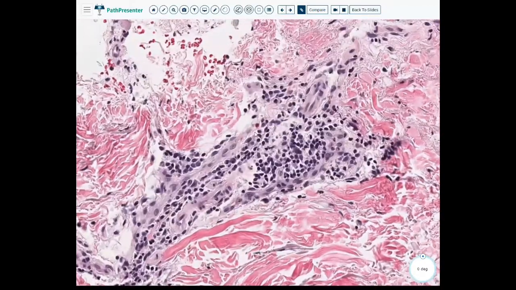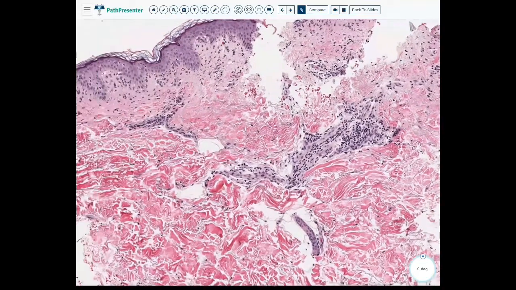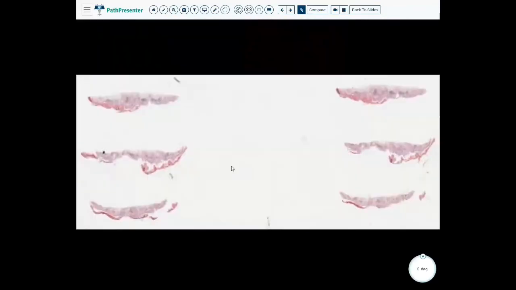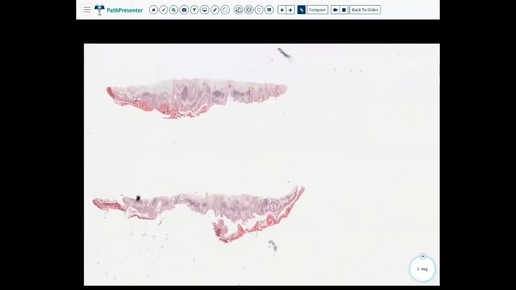Case 15. So this one, again, 2 levels. So you can see that there's not as much epidermis on this one, but it's kind of hard to tell which piece you should be looking at. So we'll just start at the top one and work our way down. So again, we have this superficial lymphoplasmacytic infiltrate.